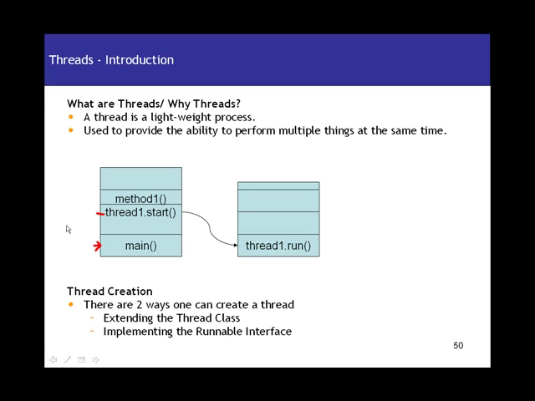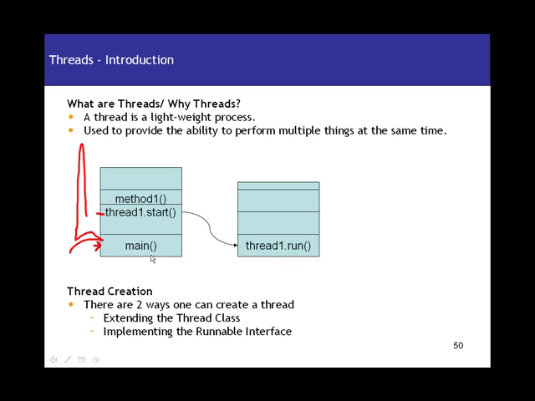So when you call a thread from your main method or any method from the current execution stack, what happens is it actually creates a new stack of execution for that thread, right? And all that processing is done in the new stack of execution.